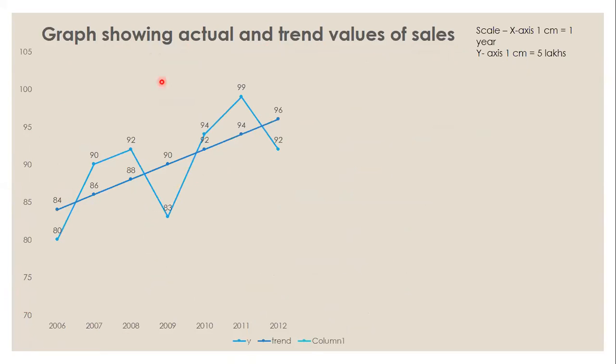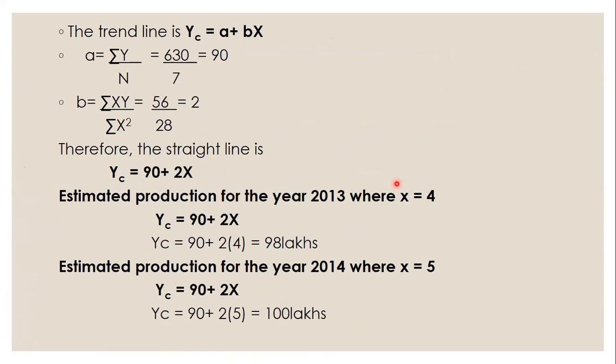Now once we finish with this graph, then we can go back and estimate for 2 years, that is 2013 and 2014. So we already have the straight line equation. So we will be estimating the production for the year 2013 when X is equal to 4. How did we know X is 4?